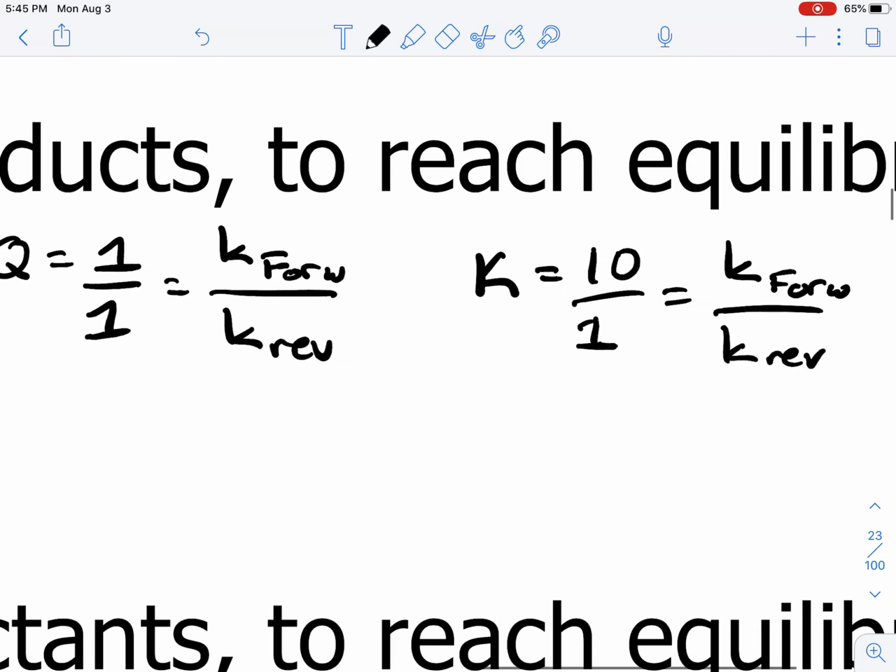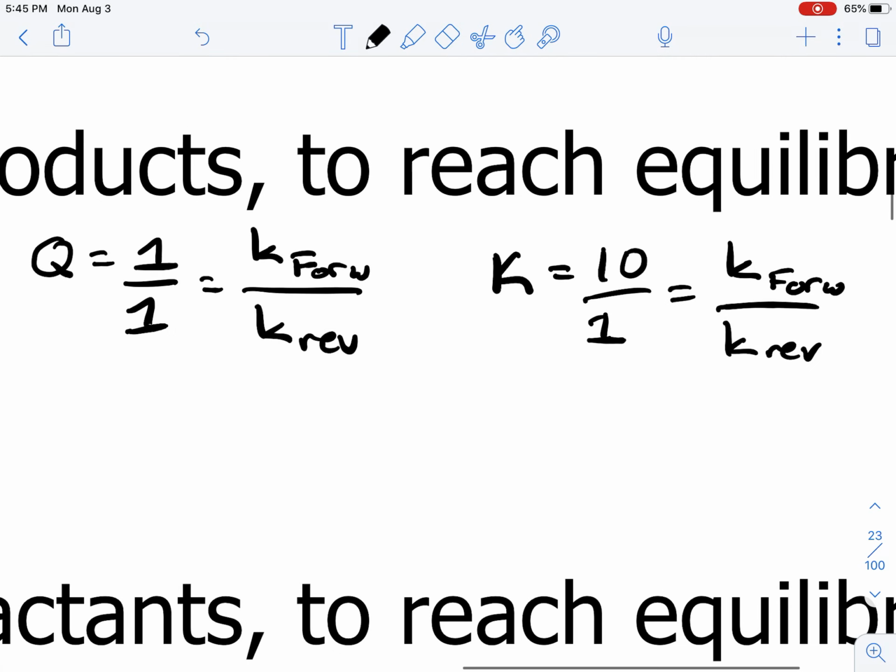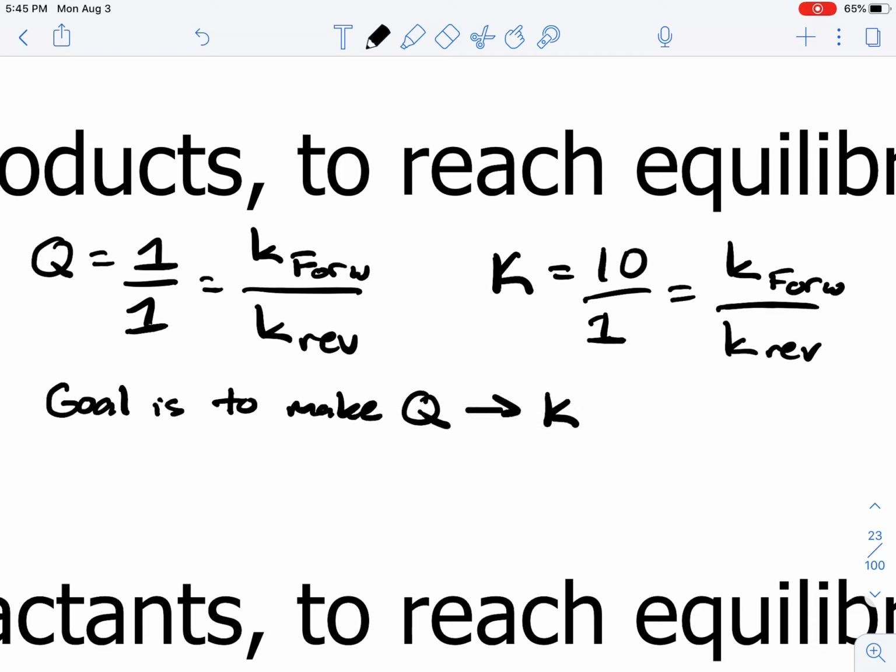Okay. And so once again, we're going to represent 10 and 1, these numbers, as the relative rates of the reaction. And so looking at what we have right now, our goal is to make Q equal to K. Okay?